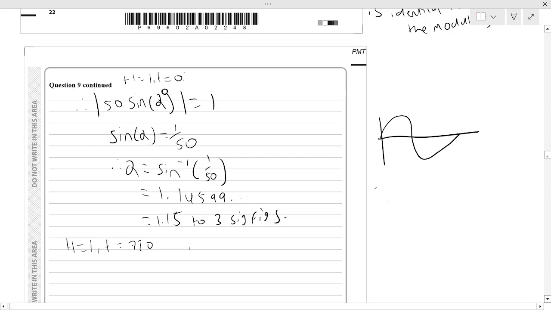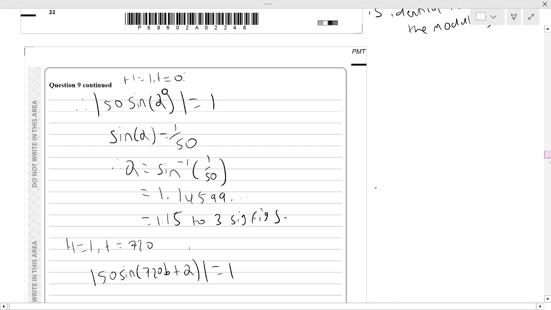So like a sine curve, I guess. Well, it's a bit different, but it's returning back to its point at the start. Okay. So h is 1, t is 720. So I guess that would mean 50 sine of 720b plus alpha is 1.